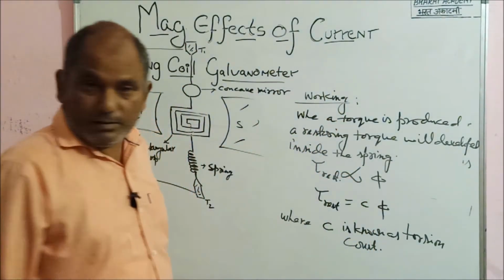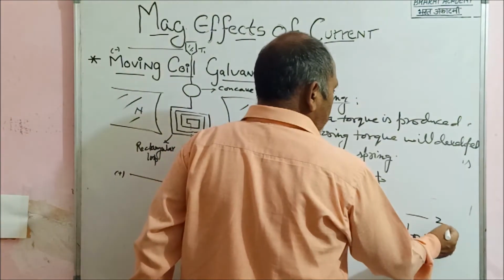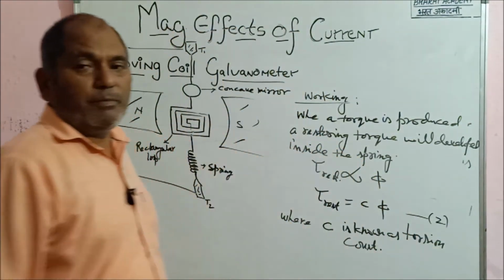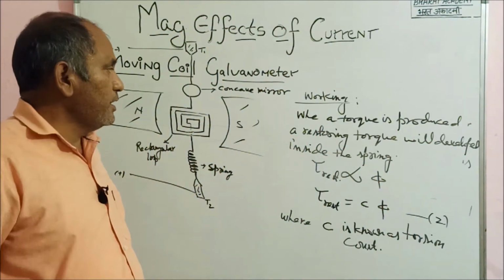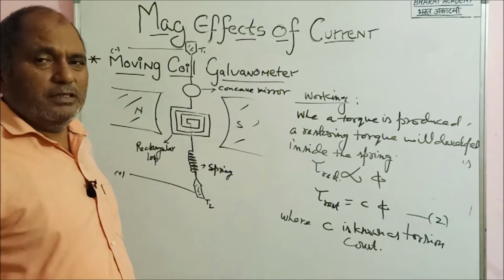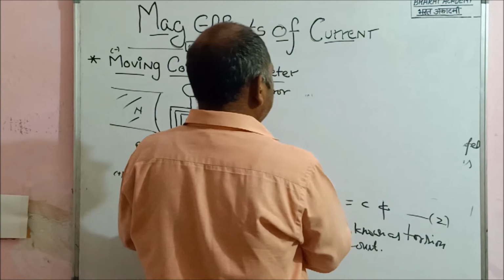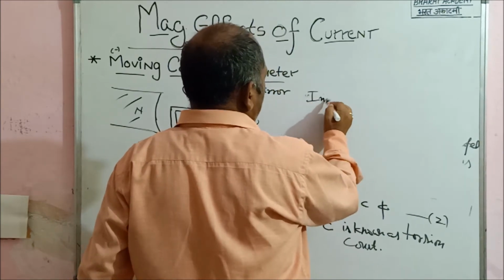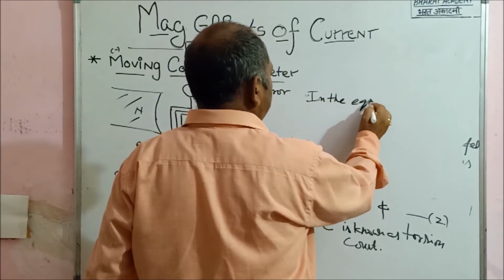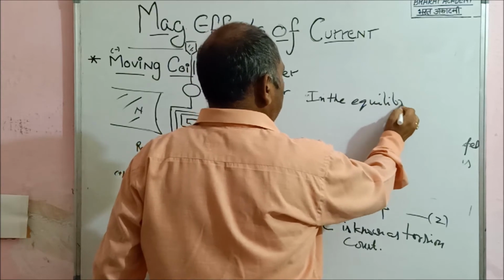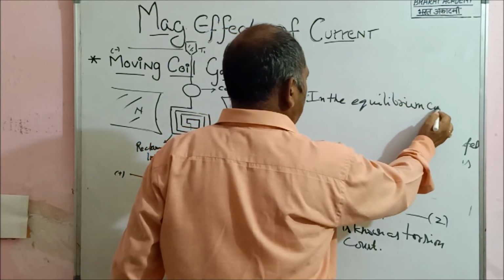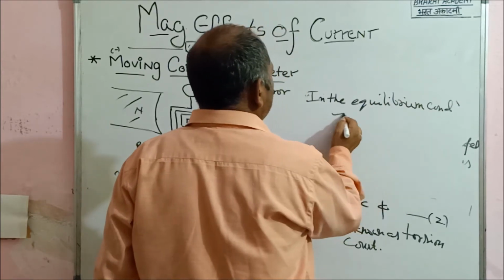Torsion constant, right? So NIAB is the applied torque and Cφ is the torque produced inside the spring. So in the equilibrium condition, what will happen?